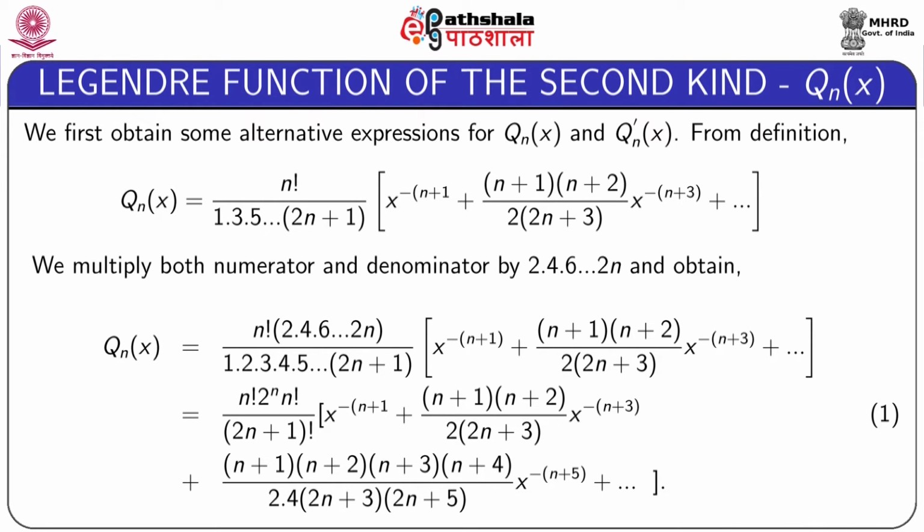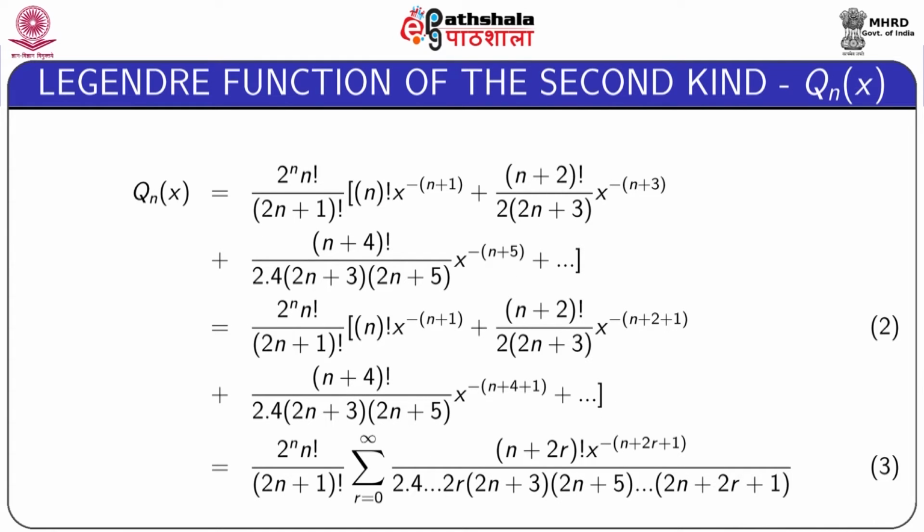2.4.6...2n, and we get equation number 1, which is n factorial into 2 to the power n into n factorial divided by (2n+1) factorial multiplied by x to the power minus (n+1) plus (n+1)(n+2) divided by 2(2n+3) x to the power minus (n+3) plus dot dot dot, which after simplification gives equation number 2, which is 2 to the power n into n factorial divided by (2n+1) factorial multiplied by n factorial into x to the power minus (n+1) plus (n+2) factorial multiplied by 2(2n+3) x to the power minus (n+2+1) plus dot dot dot.